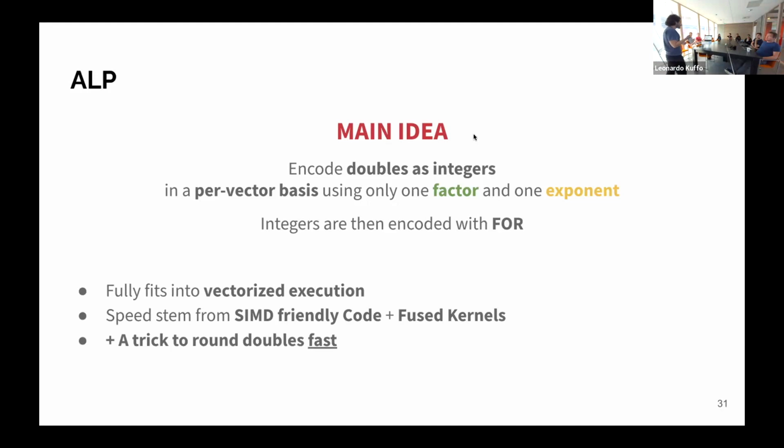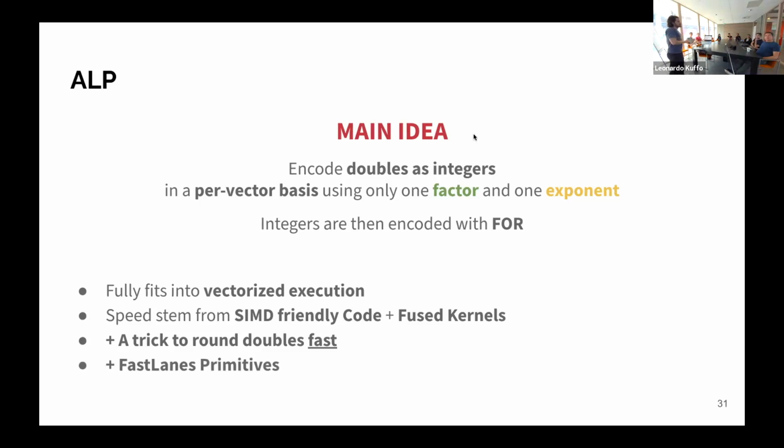We do a trick to round doubles in a fast way, which takes advantage of a limitation of doubles: from a certain range, they cannot possibly have a decimal part. So we do an addition and a subtraction to take the doubles into that range. The decimal part is removed, we take them back, and then we have our rounded number without using the standard library function, which is slow, needless to say.